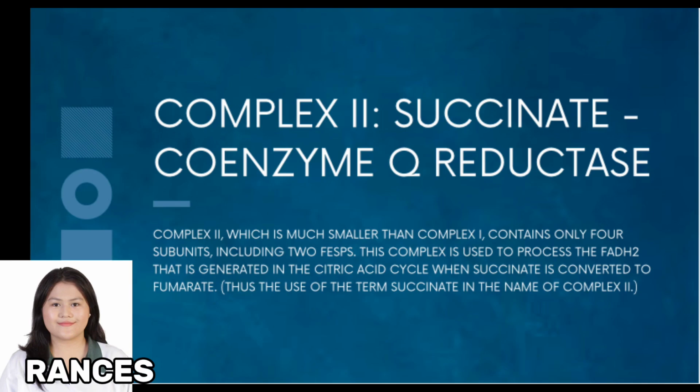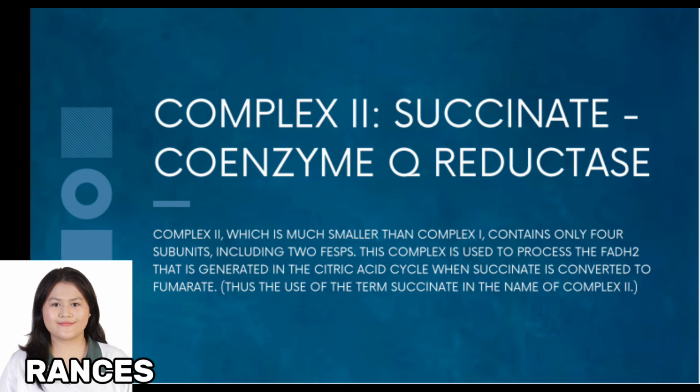These electrons are then passed to coenzyme Q, helping to drive the production of ATP. The inclusion of succinate in the name highlights its direct involvement in this reaction. While it doesn't pump protons like complex 1, it is essential for maintaining the efficiency of the electron transport chain and energy production in the cell.